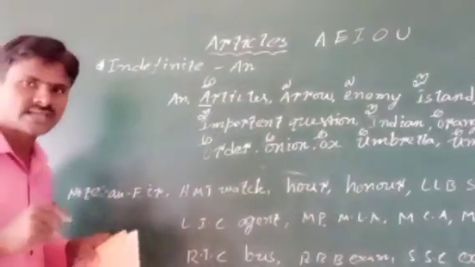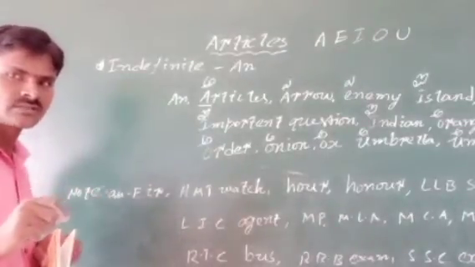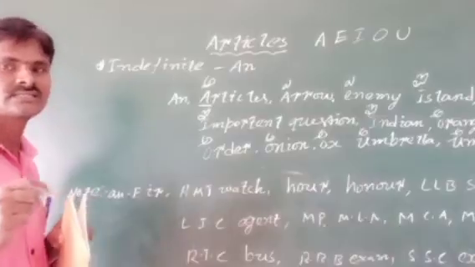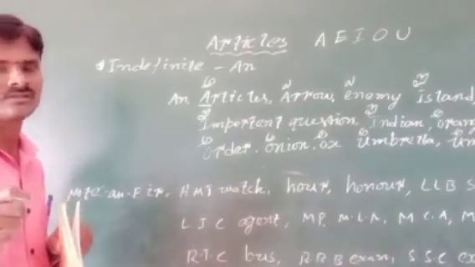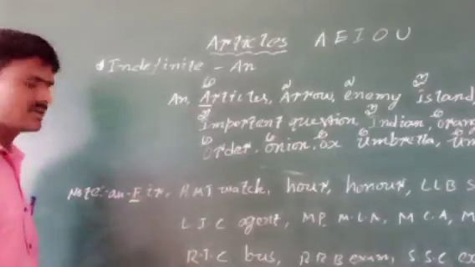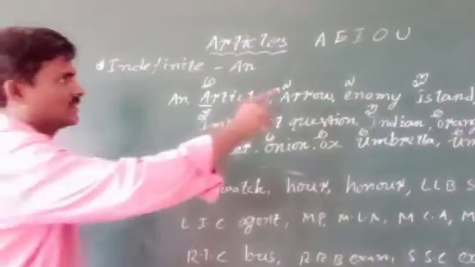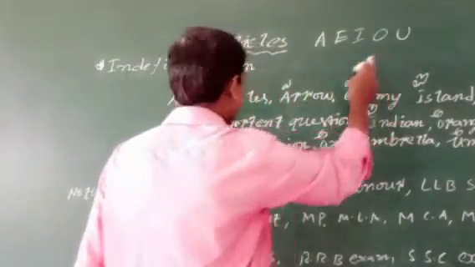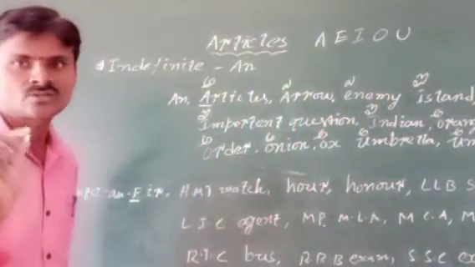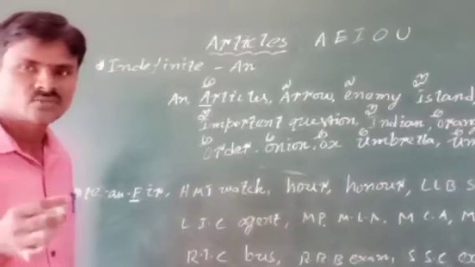See, there are some exceptional cases. Even though the letter is a consonant, we pronounce it as a vowel. See here, this letter is F. Among A, E, I, O, U letters, there is no F. F is a consonant letter. Please remember, listen carefully.